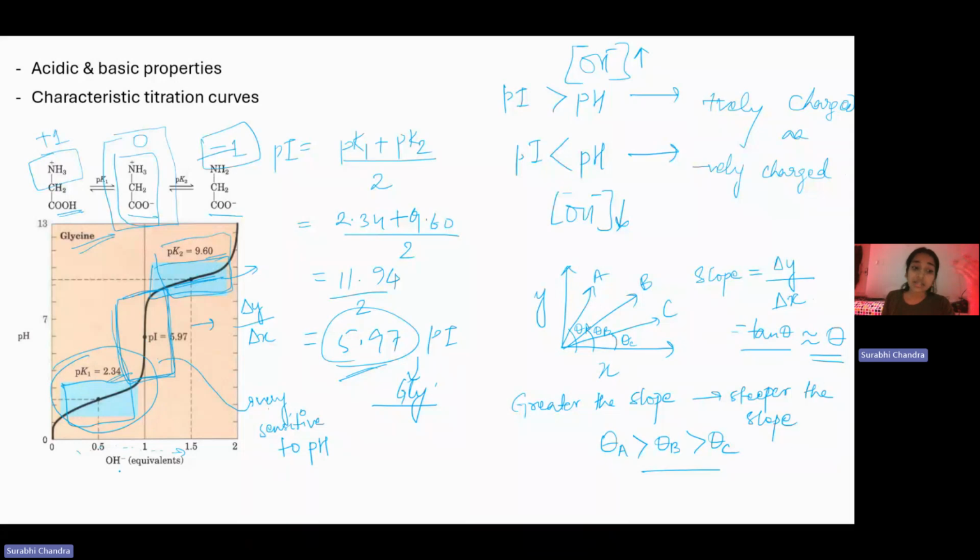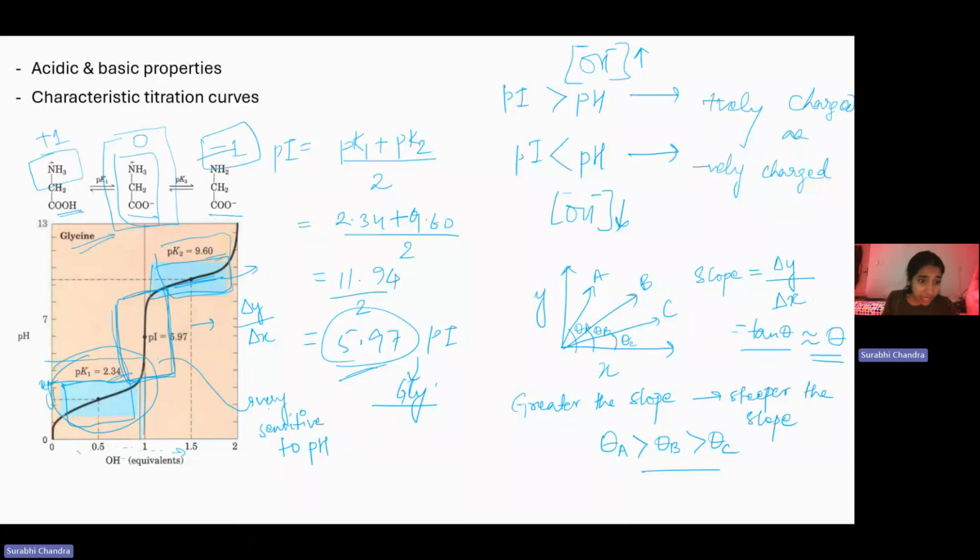As in, if we slightly increase the OH concentration, suppose at this particular point the pH was X or Y1. Immediately after increasing maybe by 0.2, it goes up to this area.